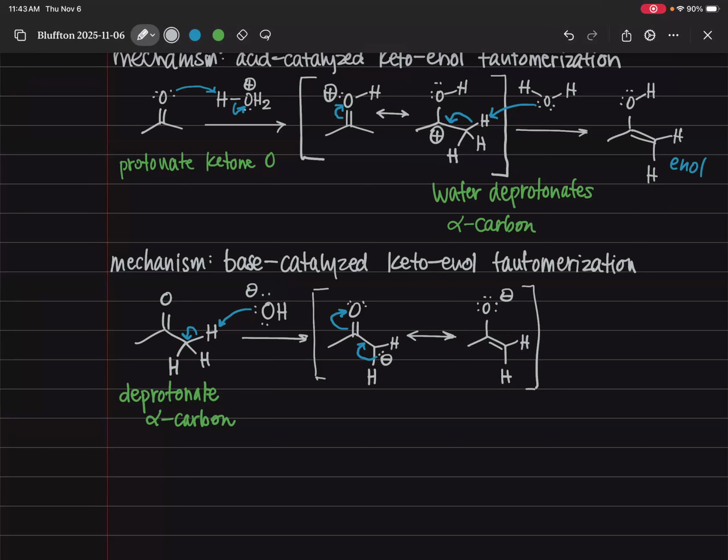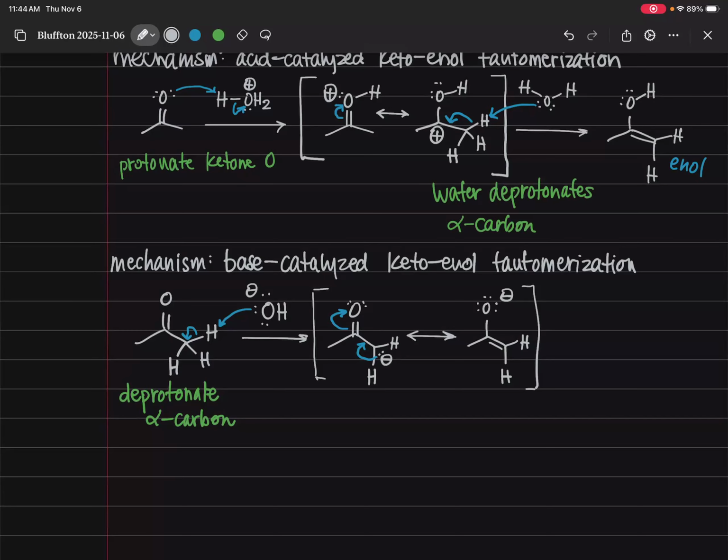So look, it looks different. The reason it looks so much different is because we're under basic conditions, so we have OH minus. When you're under basic conditions, you want to try to avoid drawing positive charges on your organic molecules. In the same way, when you're drawing an acid catalyzed mechanism or you're under acidic conditions, you want to avoid drawing a negative charge on your organic molecules.